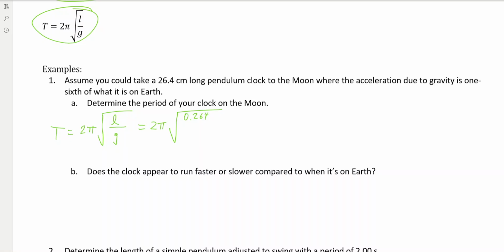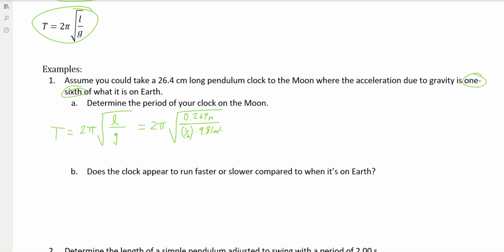So 0.264 meters over, well, 9.81? Nope, not quite. It's 1/6 of what it is on Earth. So we're going to multiply that by 1/6 or divide by 1/6, however you want to look at that.